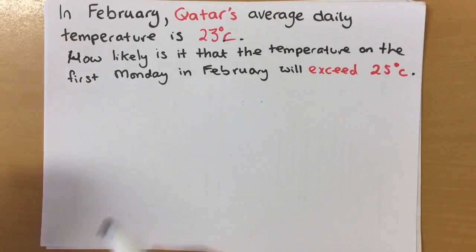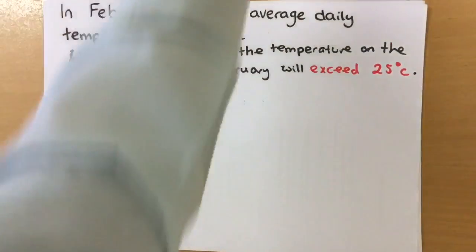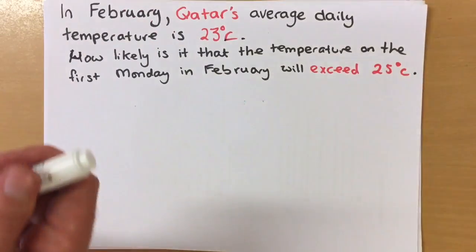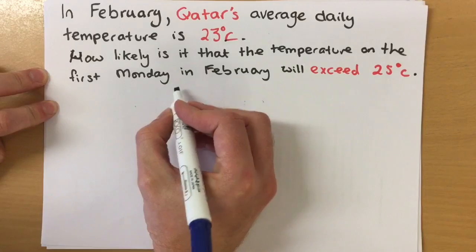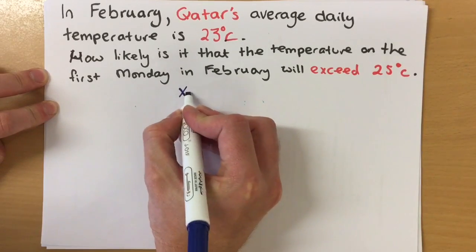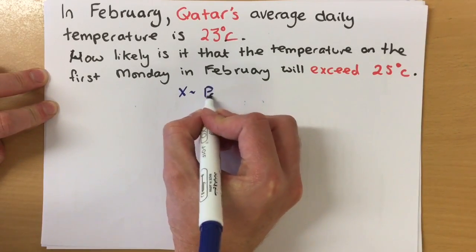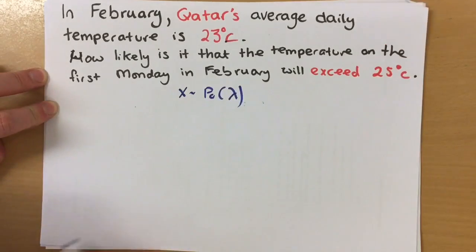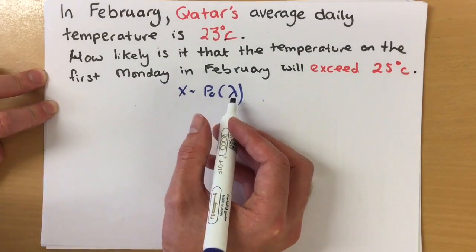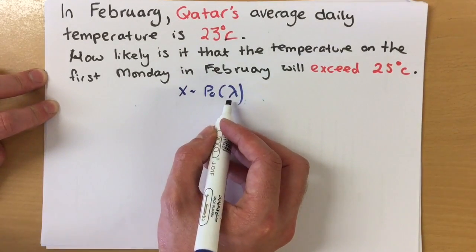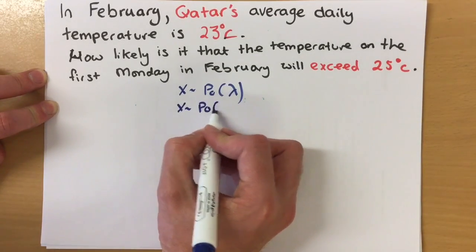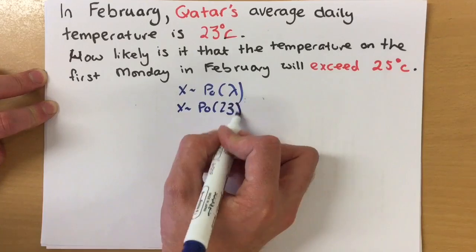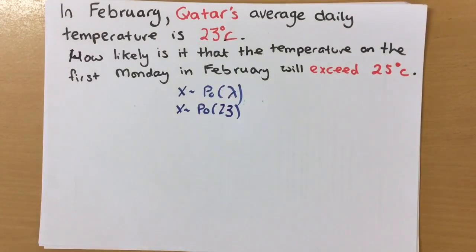So remember our Poisson distribution. Let's use a nice blue for Qatar's blue waters. That our lambda is our average, our mean, our rate. So in this case, it is 23 degrees Celsius.